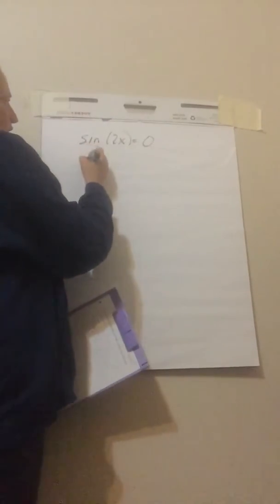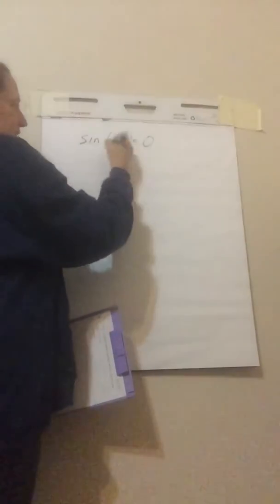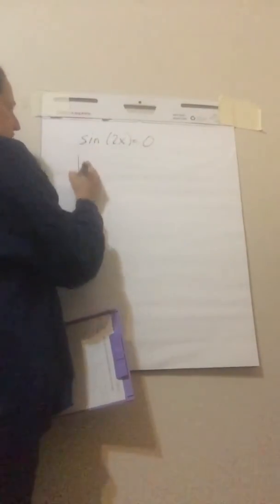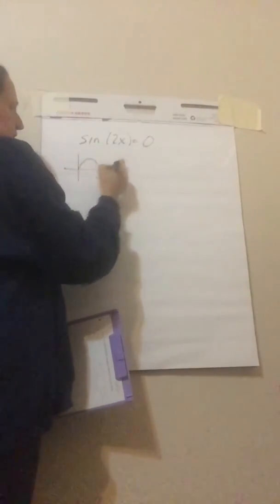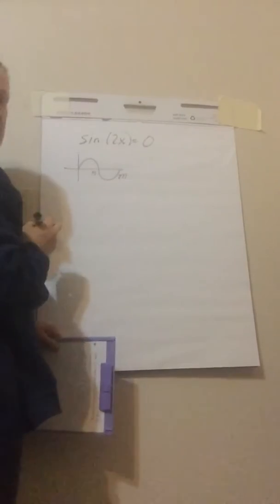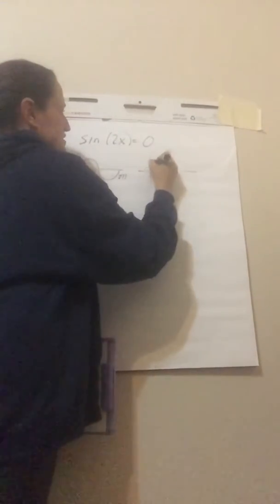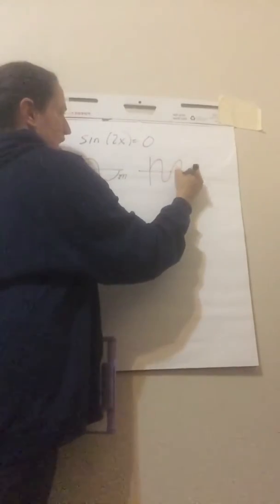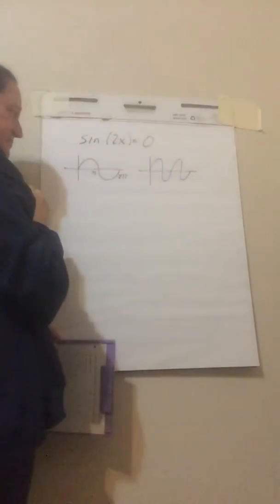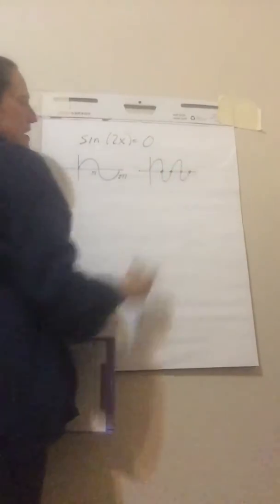Before we do that, let's think about what sine of 2x looks like. Regular sine looks like pi, 2 pi, like that. Whereas sine of 2x is going to have half of that period, so its solutions are going to be more frequent.